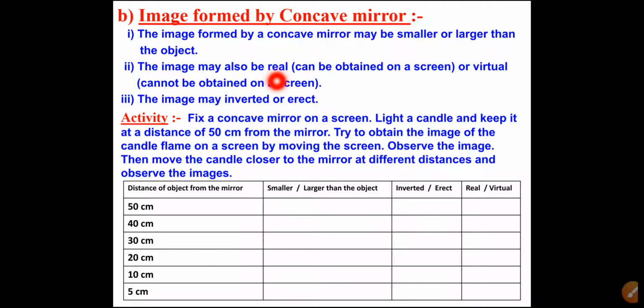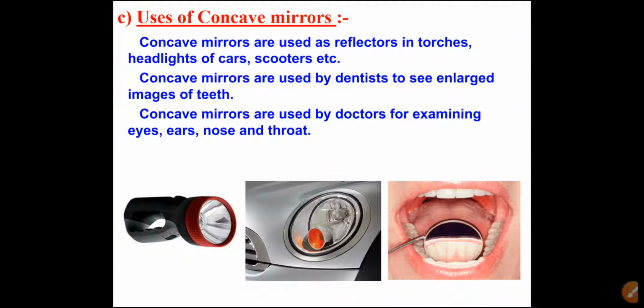Real means which can be obtained on a screen, and virtual means which cannot be obtained on the screen. So both types of images can be obtained, either real or virtual, smaller or larger. These are the characteristics for the image formed by the concave mirror, and for this the activity is given in our book.